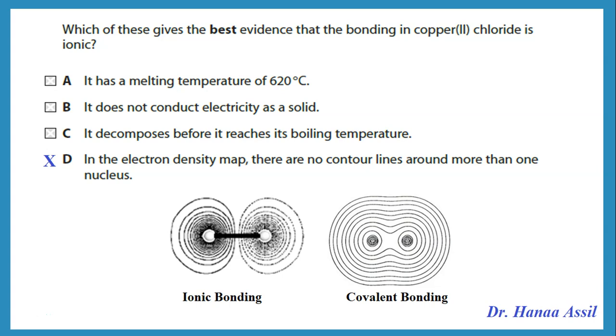Remember, an electron density map shows contour lines around the atoms. If it is ionic, the contour lines do not overlap. If it is covalent, because there is sharing of electrons, the contour lines would overlap, and this would indicate whether something is ionic or covalent.